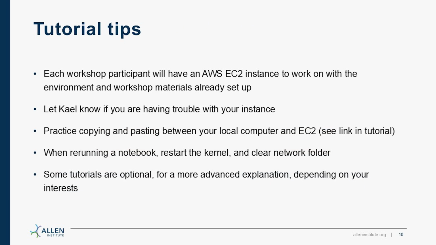So this first tutorial is basically for you to familiarize yourself with the tools, and it also explains how to access the AWS instances. Ask Kael or any of us if you have any issues with working with the tutorials. In the AWS instance, you have all the tutorials, including this one, and you can run them, but you can also have them on your computer from the GitHub repo.